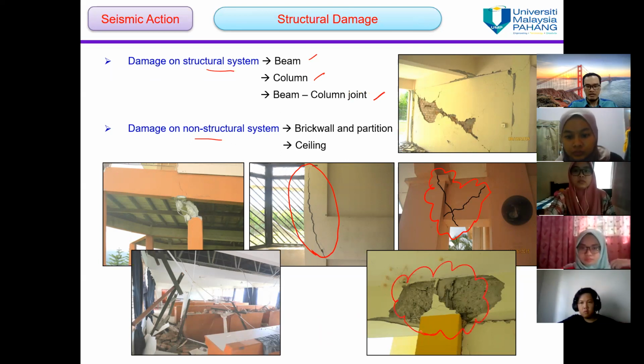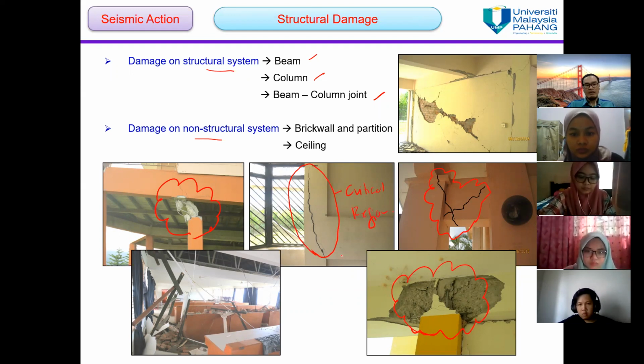This is typical damage occurring on the structure, especially near the joint. The region near the joint, we call it the critical region.